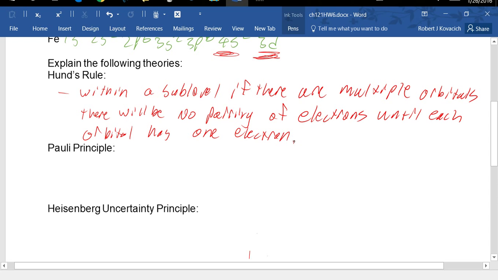That make sense? No pairing until each orbital has at least 1 electron.